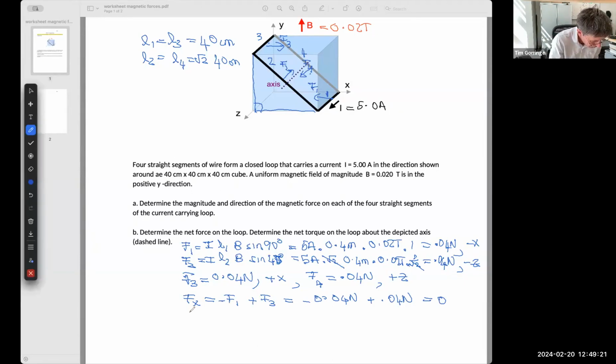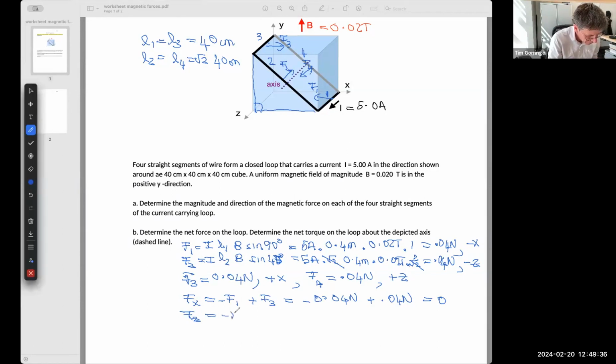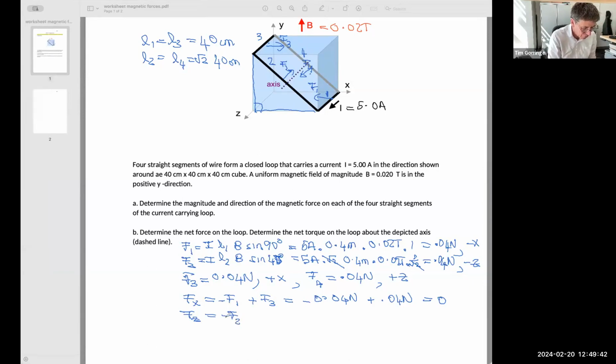The same is true. Let's take the z direction. The z direction also has two forces acting in it, on the wire on the front face and the wire on the back face. The wire on the front face, the force is in the negative z direction. So I'll indicate that as minus F2, the minus being negative z direction.